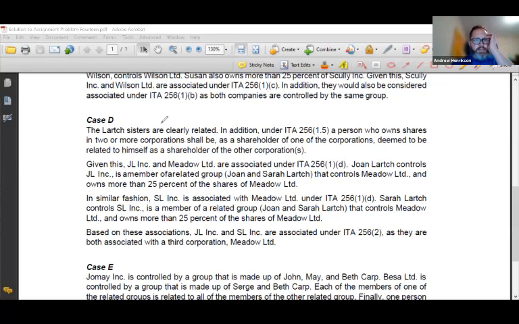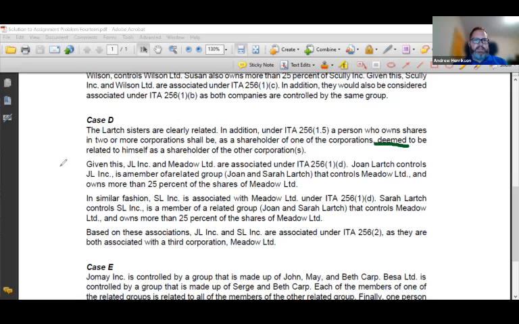So the Larch sisters are related. In addition, under 256.1.5, a person who owns shares in two or more corporations shall be, as a shareholder of one corporation, deemed to be related to himself as a shareholder of the other. So it's kind of like that person counts as two people related to themselves, so to speak.